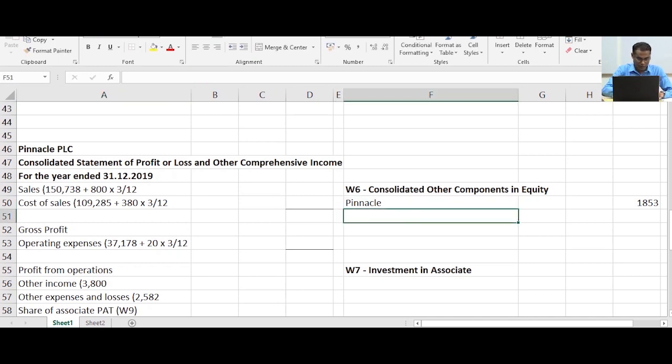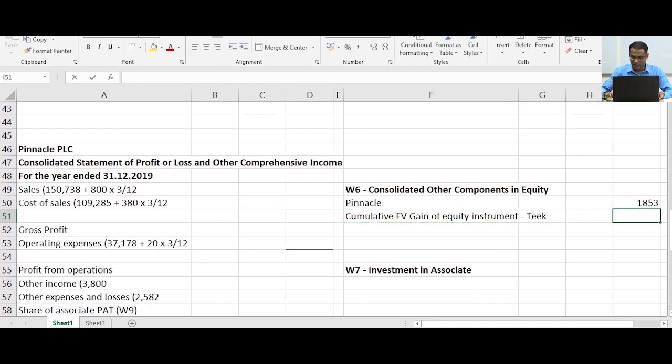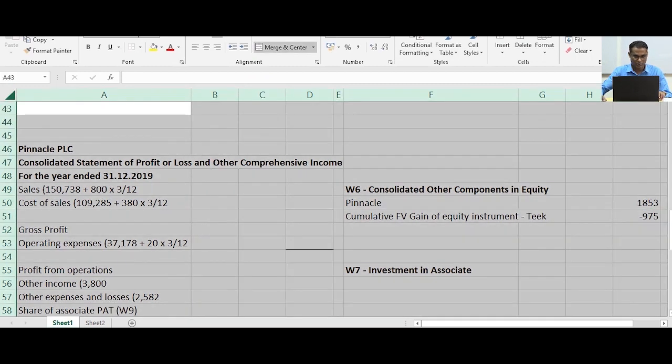So you can say cumulative fair value gain of equity instrument, that is TEEC. So you have to deduct, deduct means debit, minus 975. Okay, I will make that in a second.